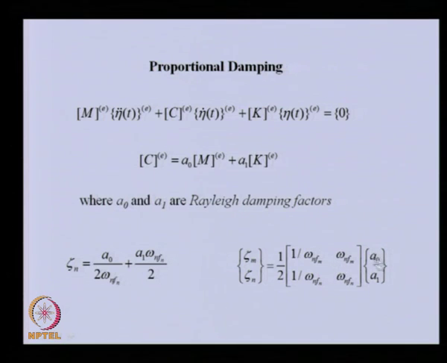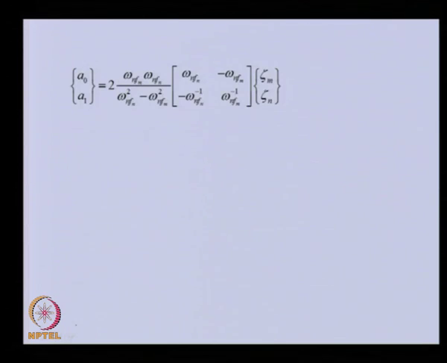Now you can see, we can get the a0 and a1 by inverting this matrix. If we know the natural frequencies of the system, the two frequencies within which we want to operate our system, and the damping ratio corresponding to those modes, then we can obtain a0 and a1. Generally, the damping ratio we can get through experiment relatively easily as compared to the damping matrix itself.